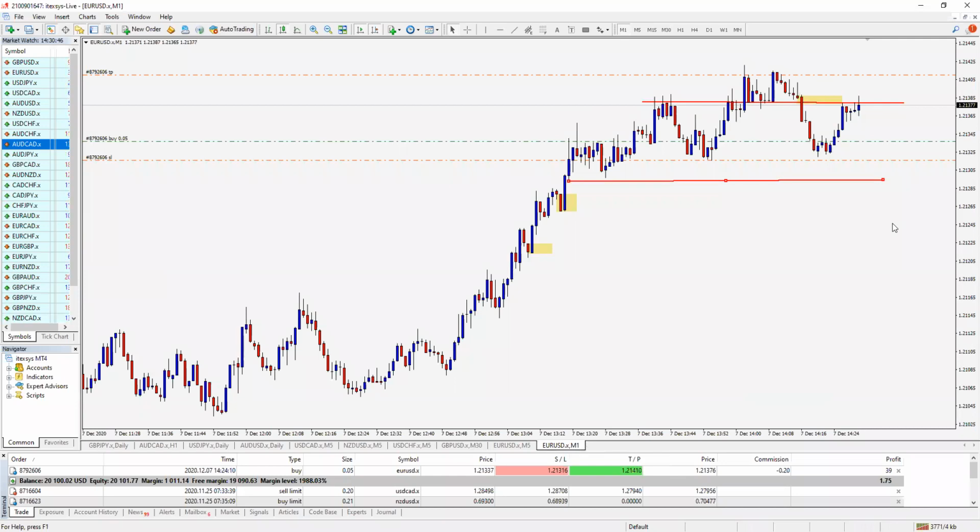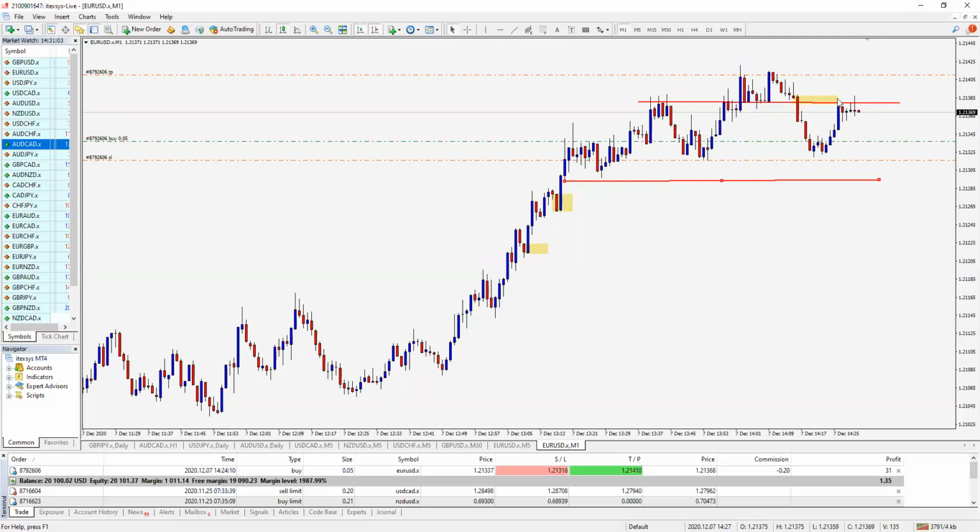Okay, how's our trade? So there was supply. Now a second test of the supply, we should see continuation this time. Of course, it might just reverse on us. Again, this is a great place for taking profits. That would be a super valid trade and a valid take profit area.